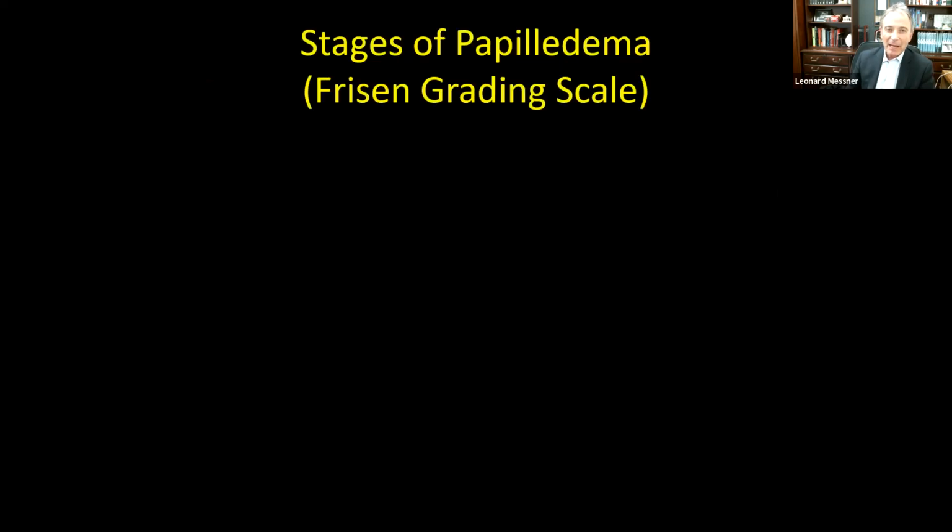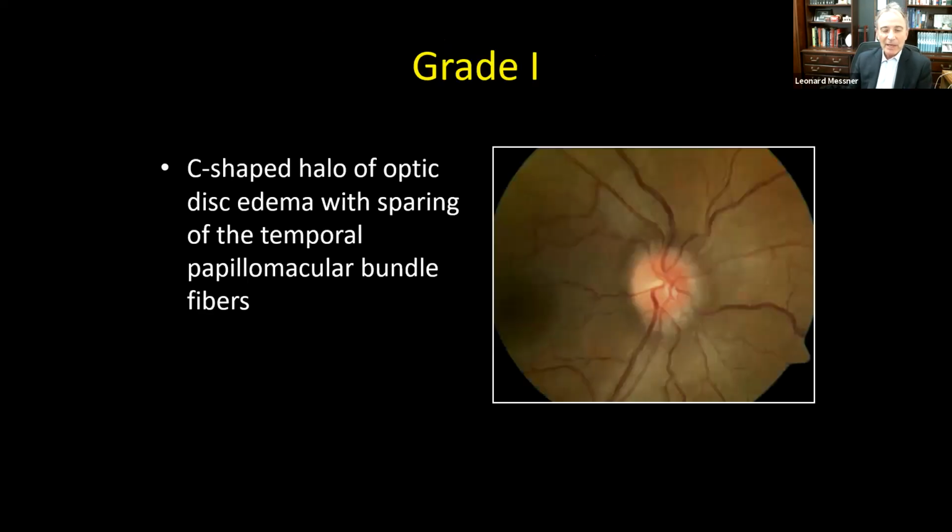So when we think about papilledema, there are a number of grading scales. The one that is most common in neuro-ophthalmology is the Frisén grading scale, and many of you are familiar with this. Grade 1 papilledema is characterized by the C-shaped halo of edema with sparing of the papillomacular bundle fibers.